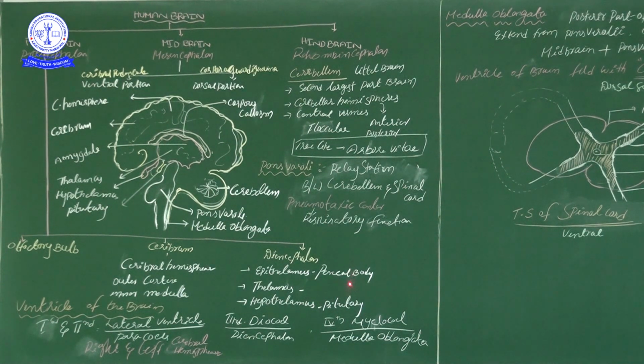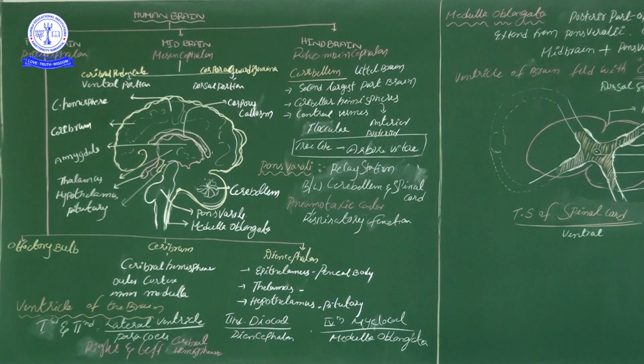It plays an important role in rhythmical work; our biological clock is controlled by the pineal gland. Later, we will discuss it in the chemical coordination chapter. This is about the forebrain.